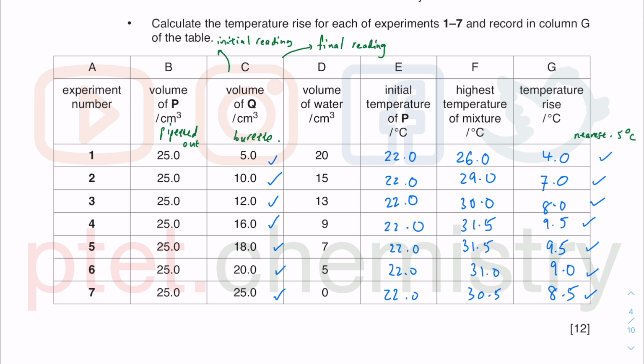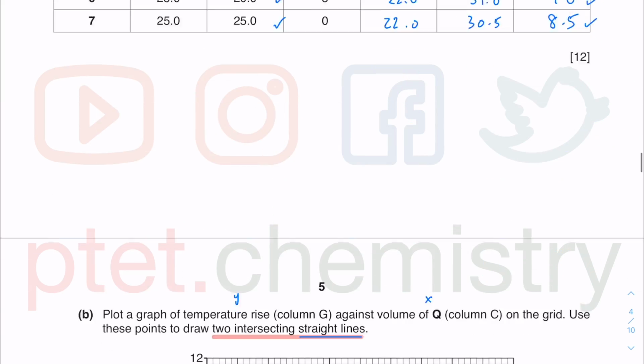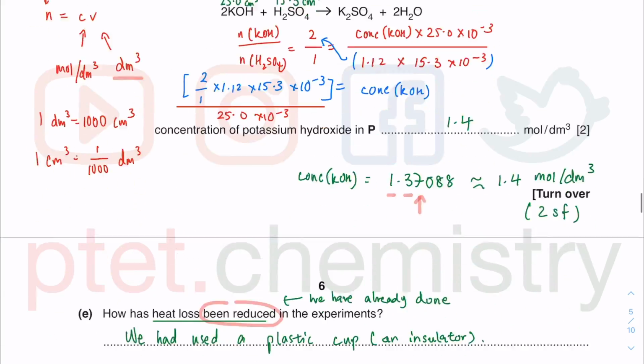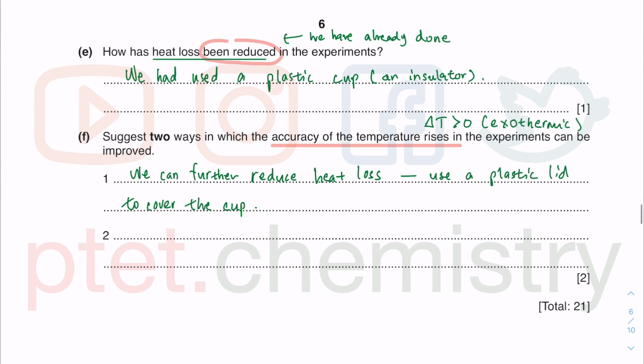Another thing you could have done is that for each required reading, you could have repeated the experiment so that you will get two different temperature rises for the same experiment, for the same set of volumes. Then you can take the average of the two readings, which hopefully wouldn't be that far away, and this will further improve your accuracy.